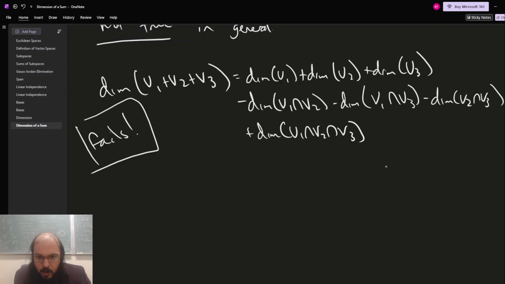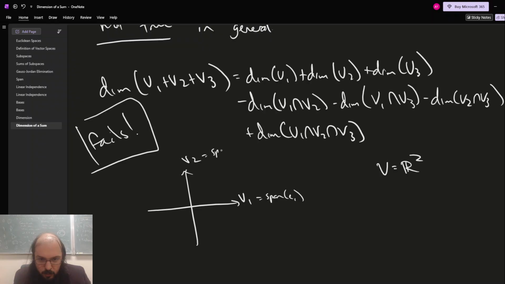Let's take, for the big vector space, just the normal plane. And then, right, so here's V. Here's V1. Here's V2, right? The X and Y axis, or the span of E1, the span of E2. And then here's a third thing, V3, another one-dimensional space, the span of E1 plus E2.